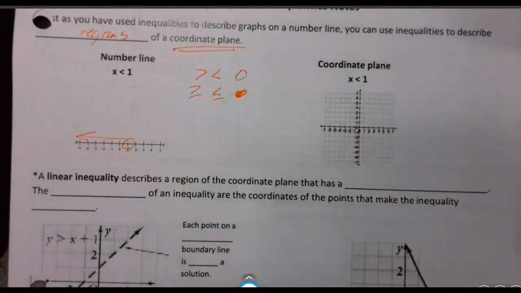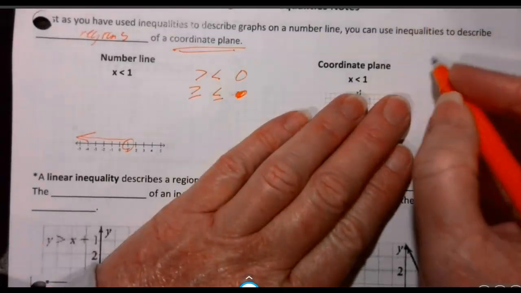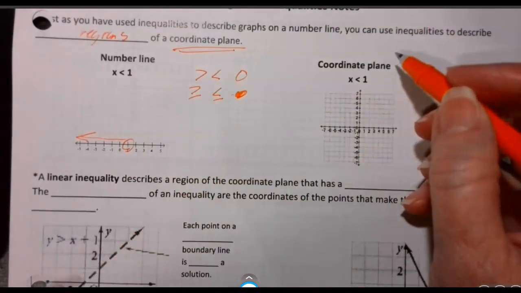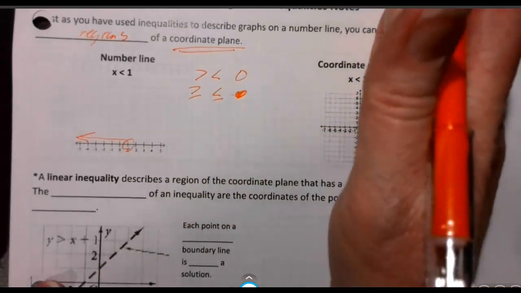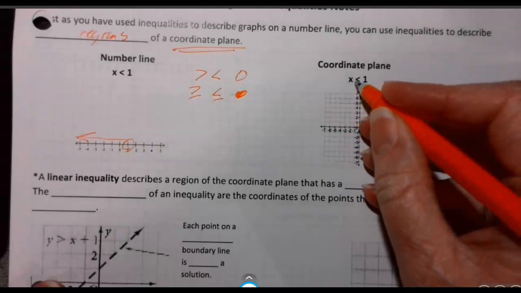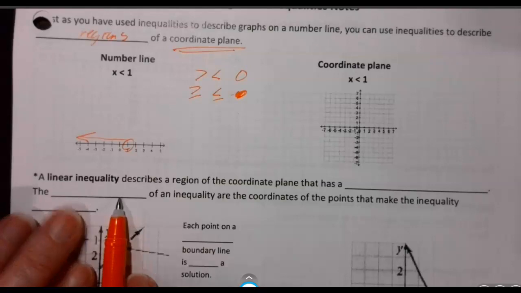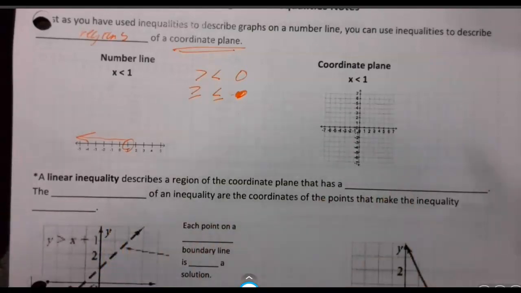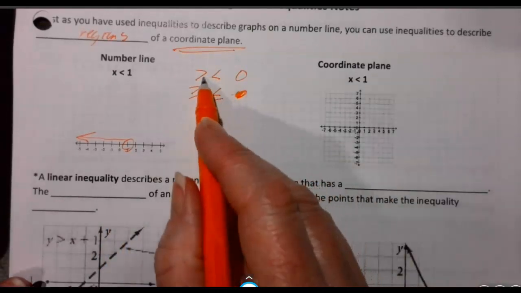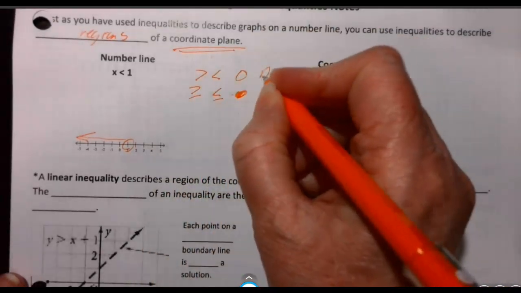Now on a number line, we would do that same kind of thing. x is less than 1. If we ever have just x and a number, just one variable, it crosses through that variable. So it's going to be a vertical line going through at 1. Now, here's where it's different. In a linear inequality, we're going to have a boundary line. Instead of greater than or less than being an open circle, it's now going to be a dashed line.